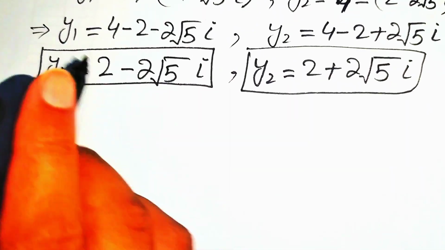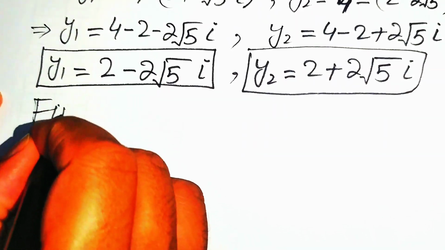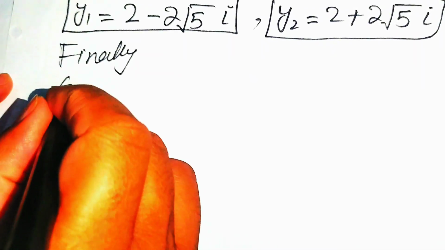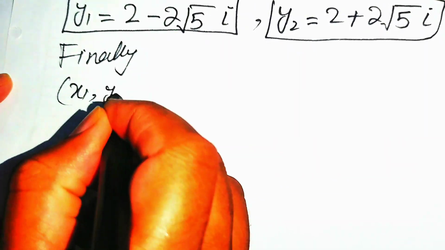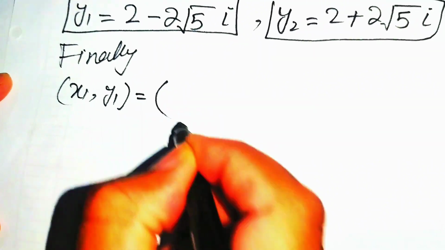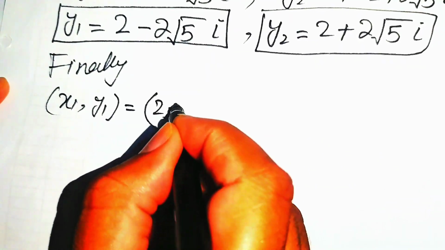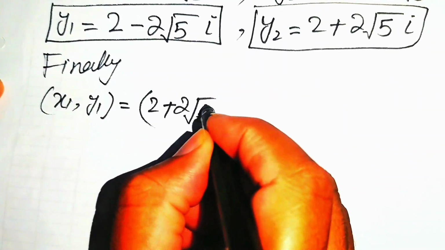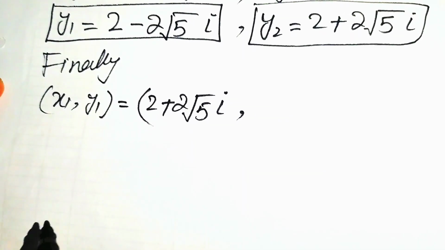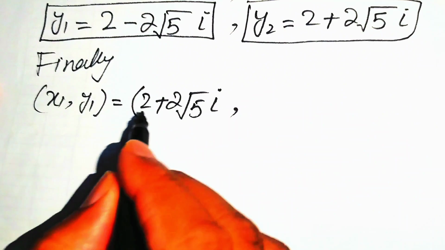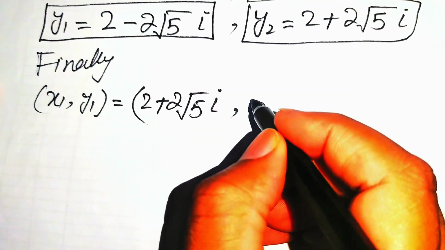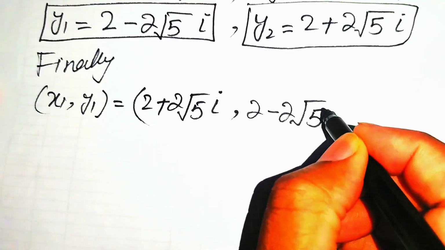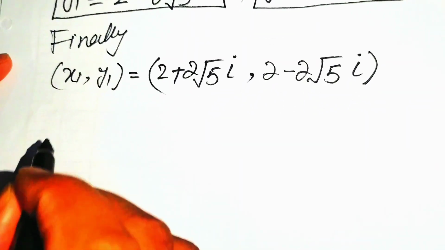Finally we have the solution set of this question. The value of x1 is 2 plus 2 times square root of 5 iota, and corresponding to this value of x1 the value of y1 is 2 minus 2 times square root of 5 iota.